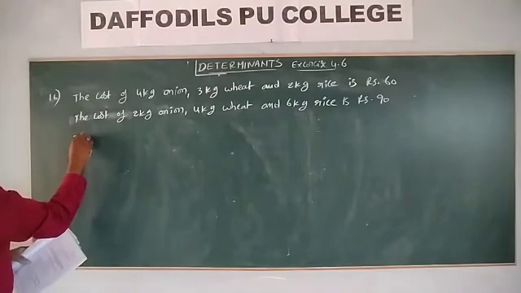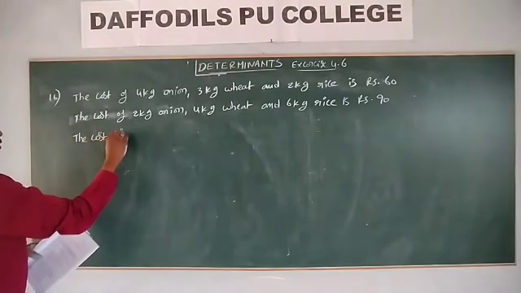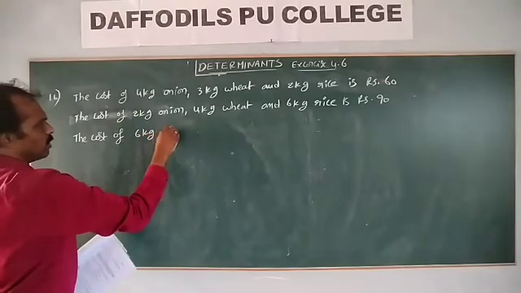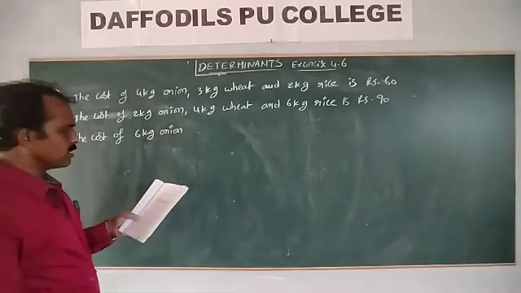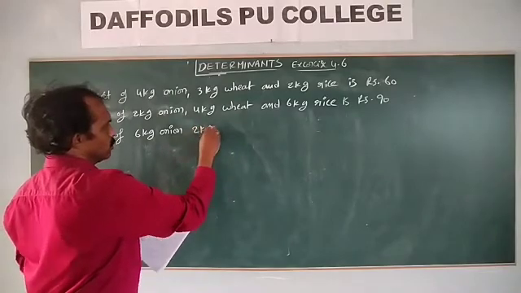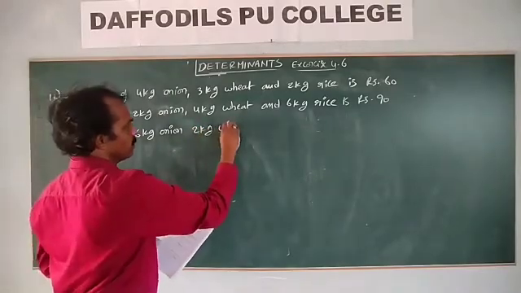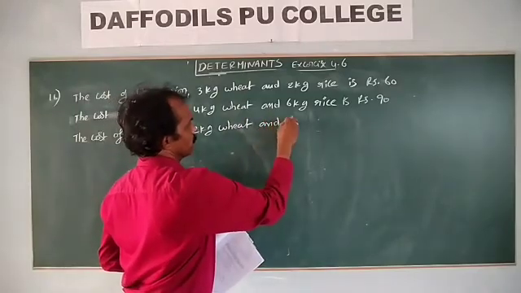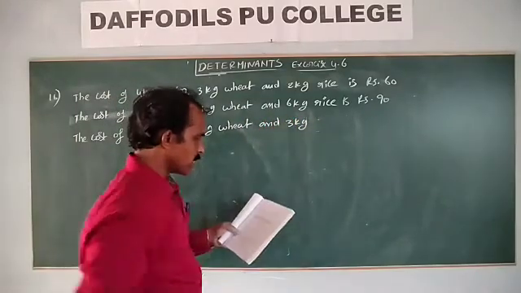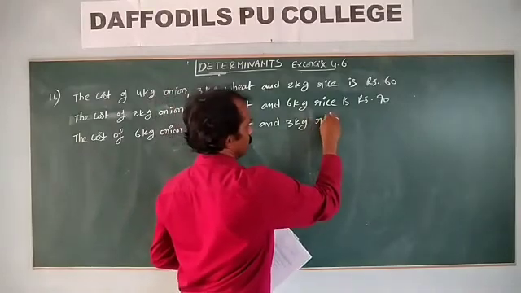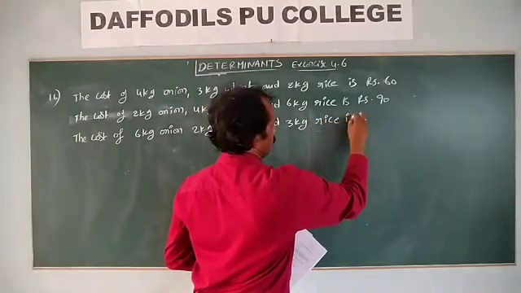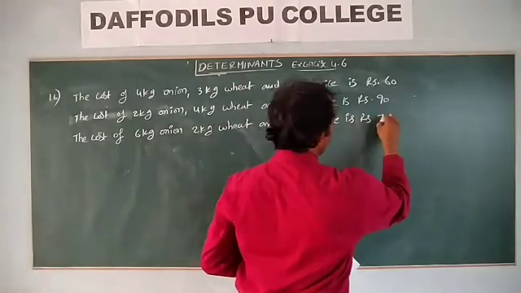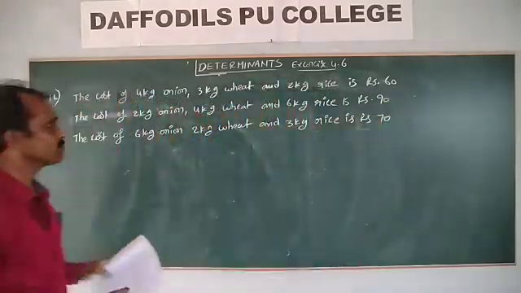The cost of 6 kg onion, 2 kg wheat, and 3 kg rice is rupees 70. Full stop.